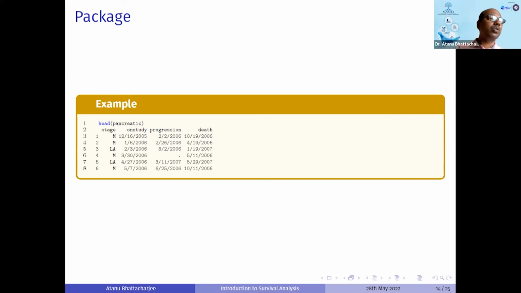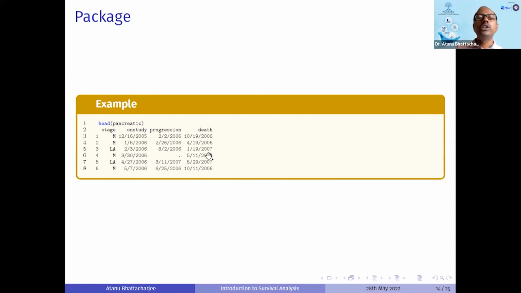Sometimes what happens is that you don't get progression for the patients. The patient entered the study, the patient even died, but still there was no progression of the disease. Suddenly the patient died. So what to do? If you get that kind of data, where the patient was in the study, had no progression, but suddenly died, that might happen. In that case, you can't leave the progression date blank.